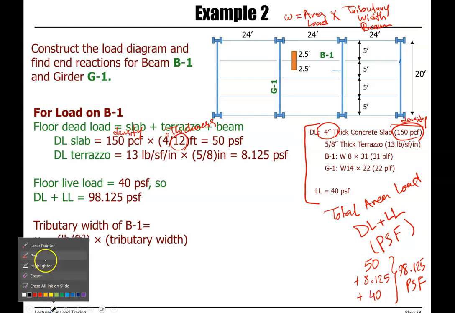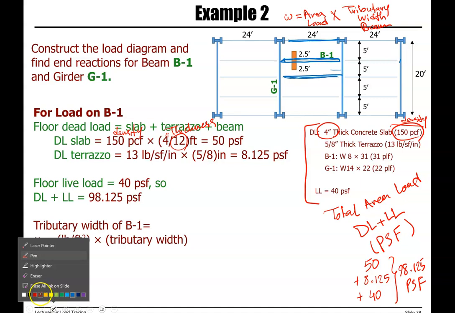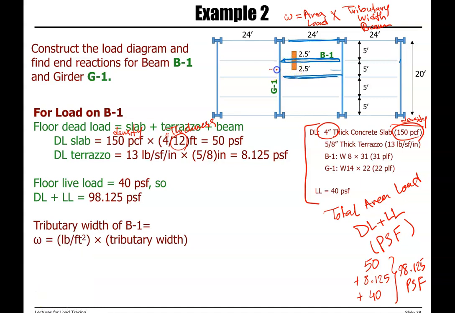Again, we are looking at beam B1 here. It has two similar adjacent members, one on each side. Tributary width is half of the distance between the adjacent members on each side.